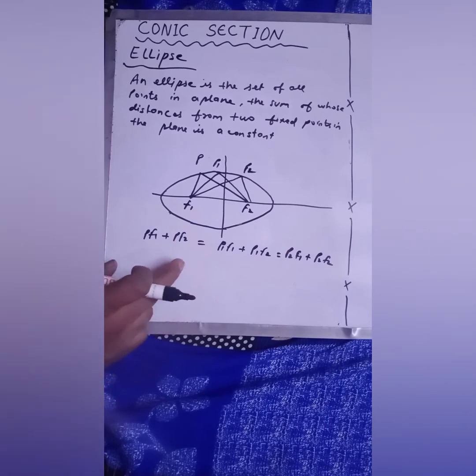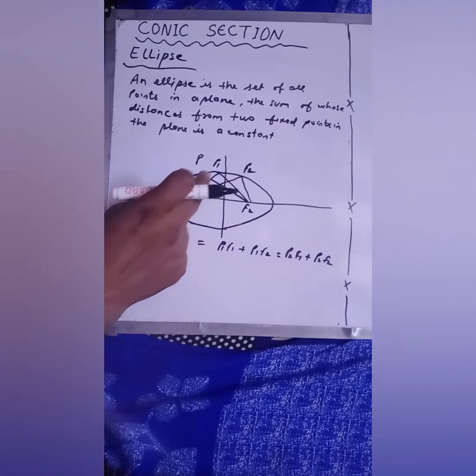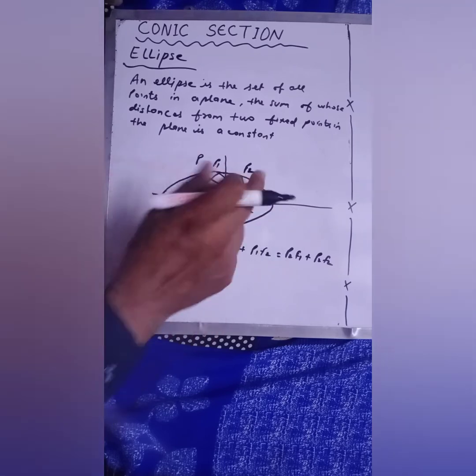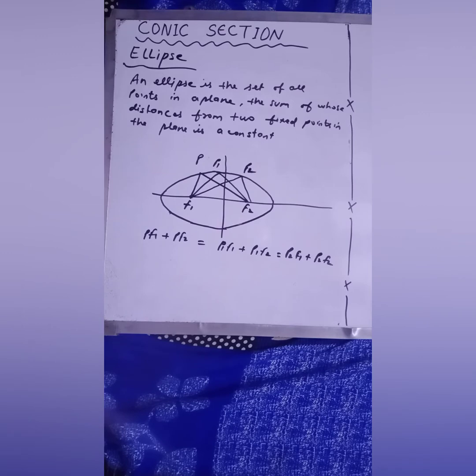Got it? So if you join all the points in this manner, you will get an ellipse. Okay, so this is your ellipse. In ellipse you have to learn some other basic concepts like major axis, minor axis.